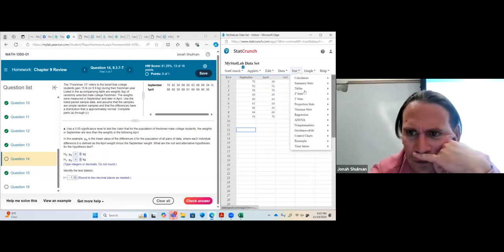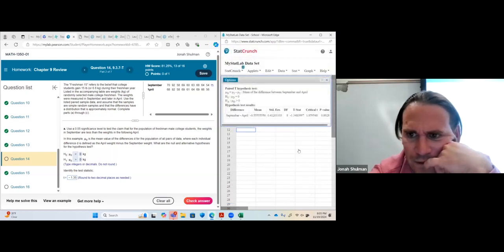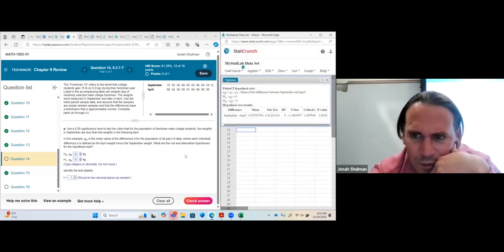All right. Well, I don't know what's wrong with it. T-stat paired. We got September to April, and we're thinking that they got fatter, and we want this at the 0.05 level. And I got negative 1.35.